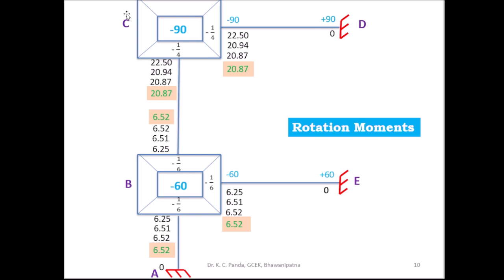When you are considering joint C, here you know the fixed end moment sum, MFC, is minus 90, as the vertical member's fixed end moment is 0. You have to find the near end rotation moments, M-CD and M-CB.